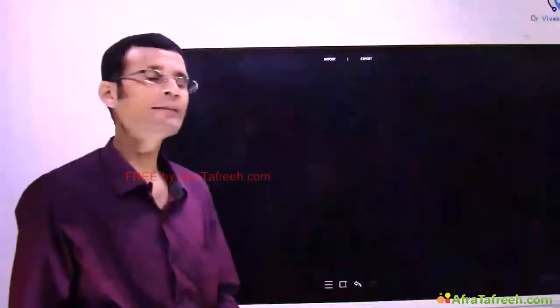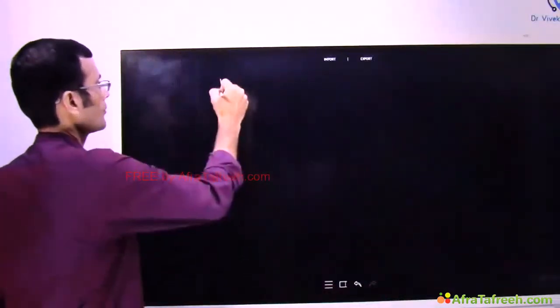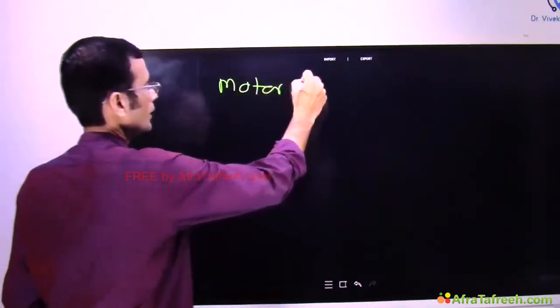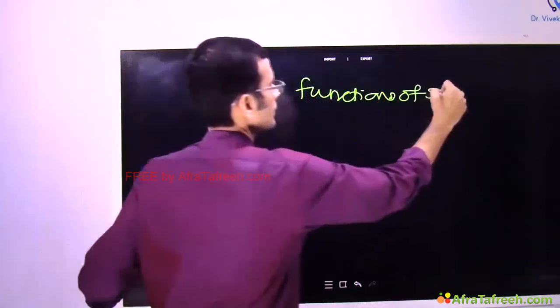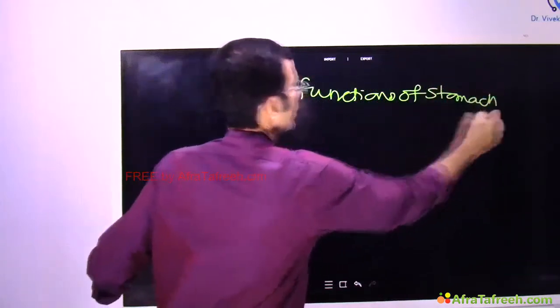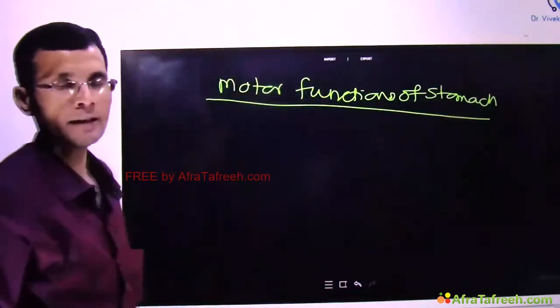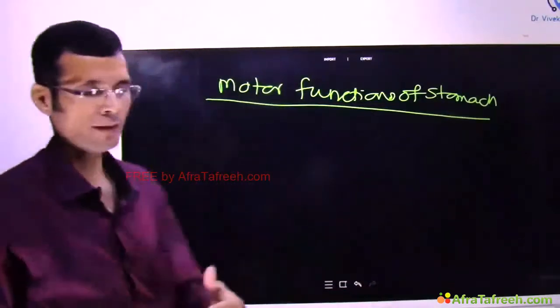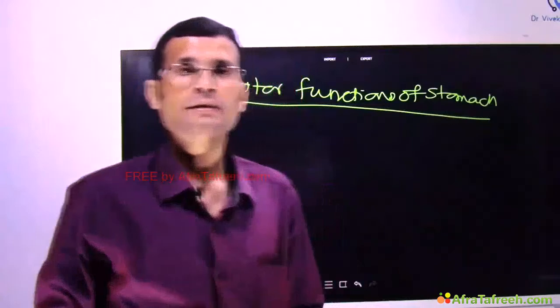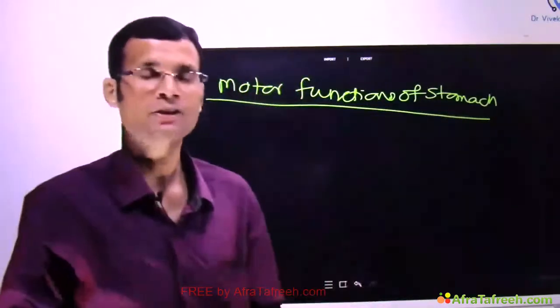Next, let's see the motor functions of the stomach. Once the food has gone into the stomach, let's try to understand its motor functions. There are 3 important motor functions. Let me tell you an interesting fact: the stomach is not essential to life.